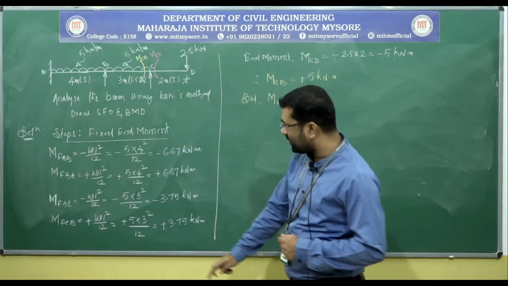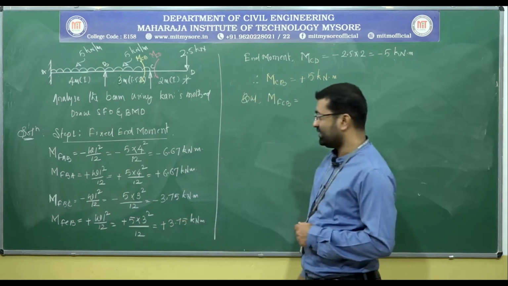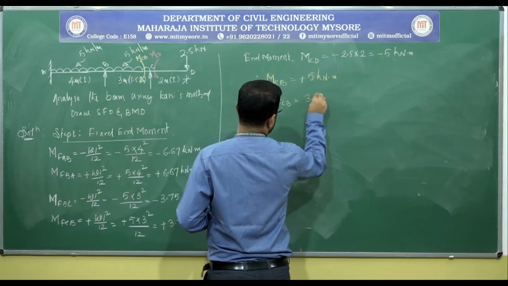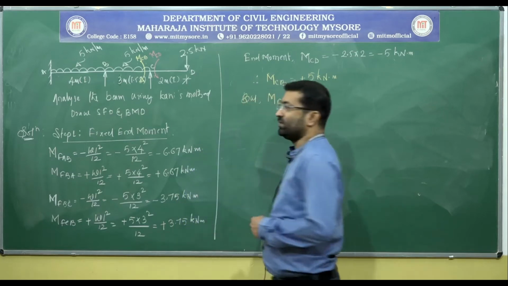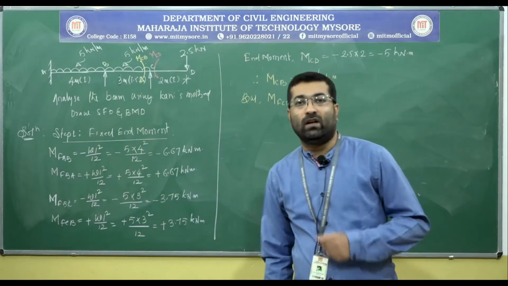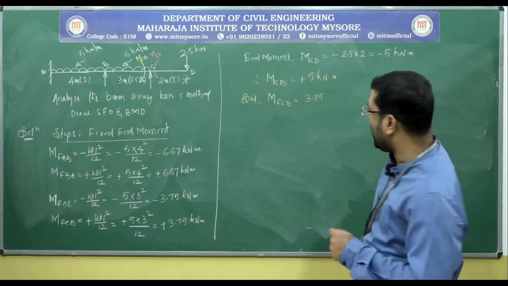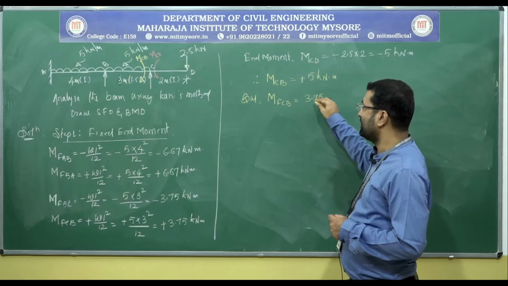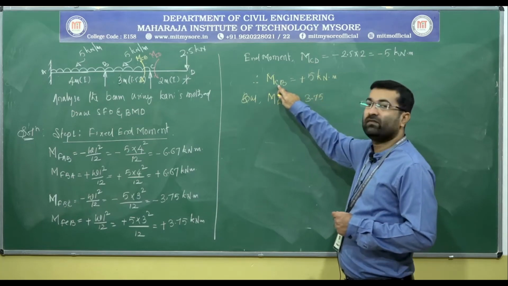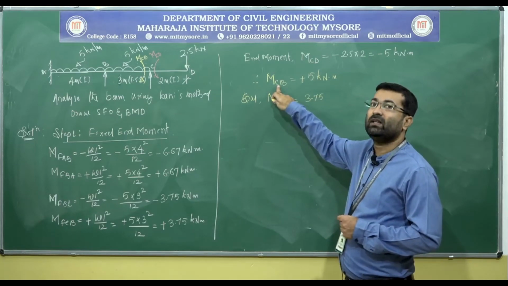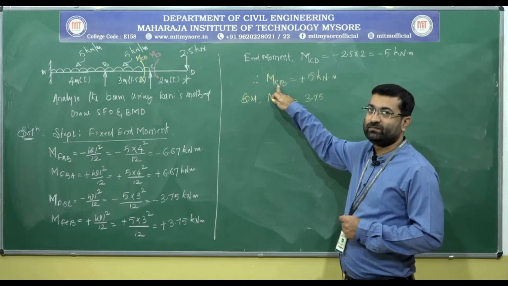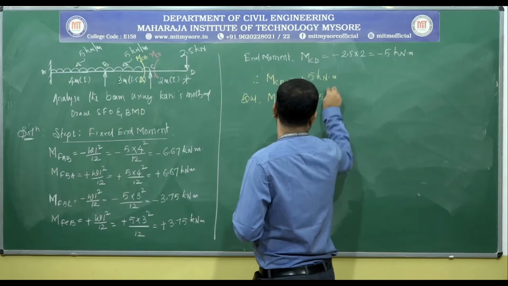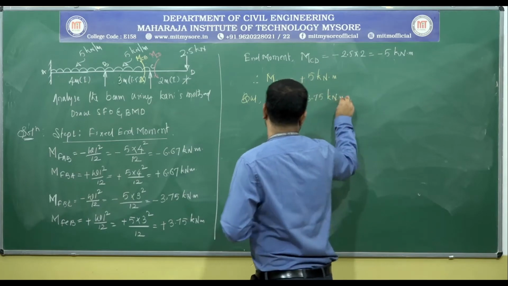As per our calculation, MFCB is plus 3.75 kilonewton meter. Now, how much moment do I need to add to this so that the final end moment should be 5 kilonewton meter?